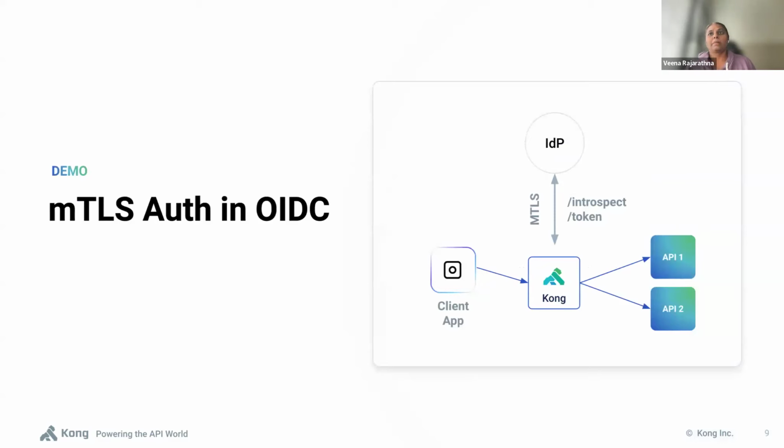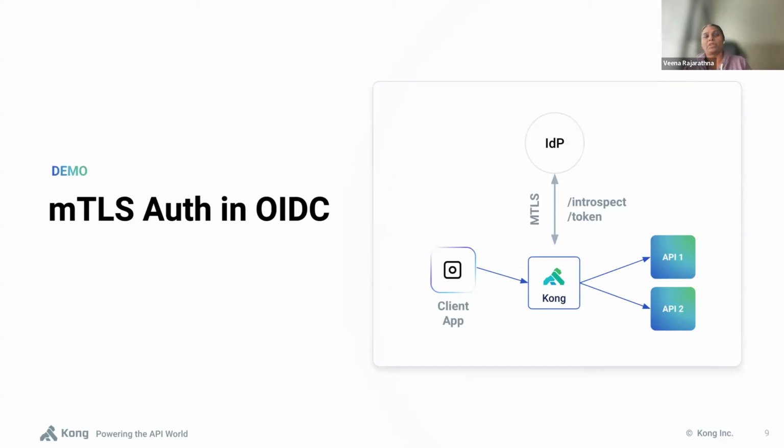All right. So I mentioned the demo. I will be demoing the mTLS in the OIDC plugin. Just to walk through the demo first, it's a lot of setup, right? So there's Kong and the IDP.